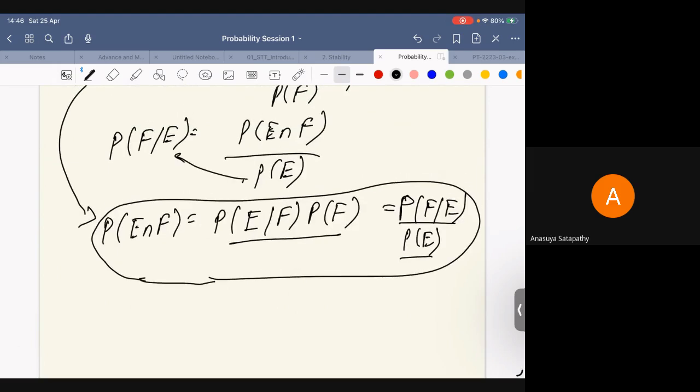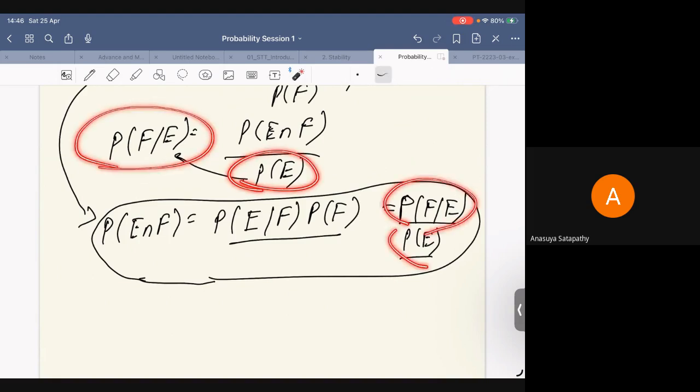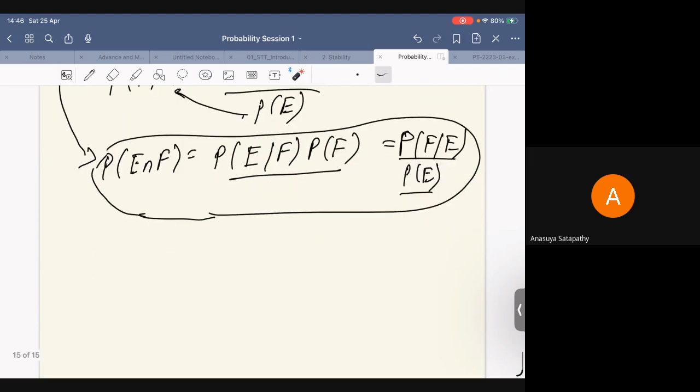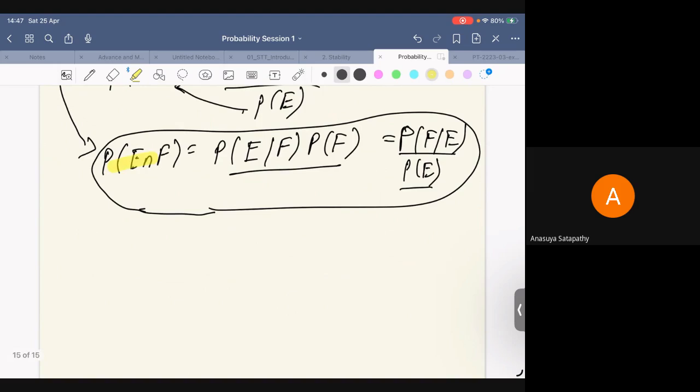If I multiply this one here, it's the same thing, right? I got the P of E intersection F. This formula is important. We will apply it in the question.